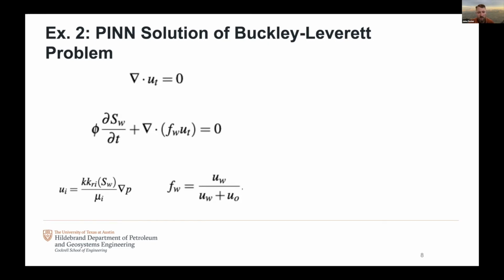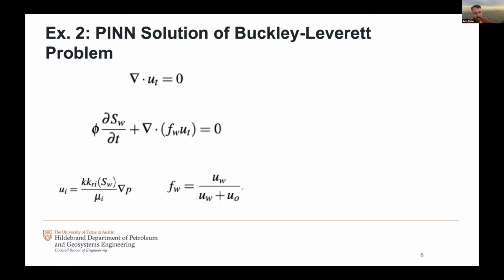The Buckley-Leverett problem, of course, is kind of the classical validation problem for any kind of 2-phase black oil reservoir simulator. And that's because under certain assumptions, you can reduce it down to something that's 1D, essentially one equation that can be solved with the method of characteristics semi-analytically.